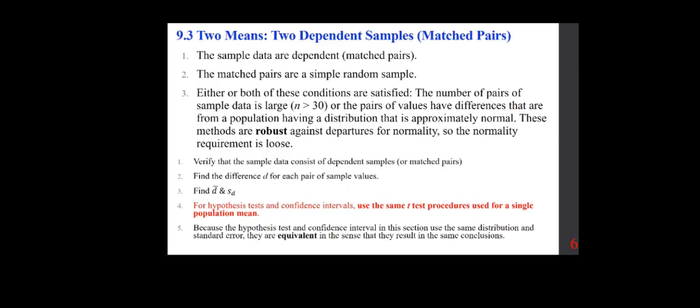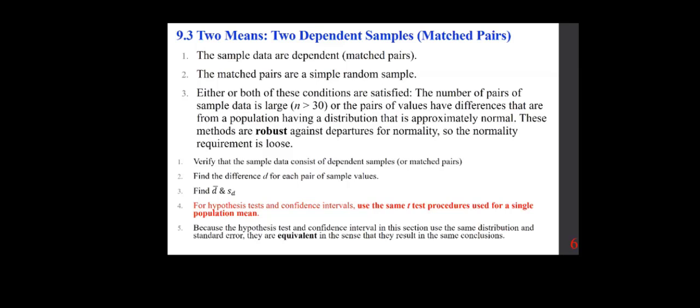In essence, you make that a simple population mean. It's a simple t-distribution because the hypothesis test and confidence interval in this section use the same distribution and standard error. They are equivalent in a sense that they result in the same conclusion. So I can't emphasize this enough that they are ultimately the same.